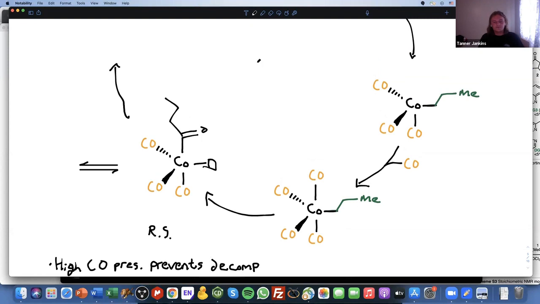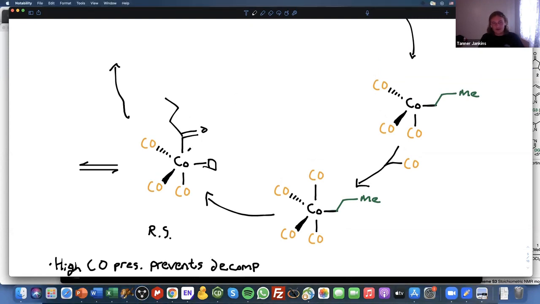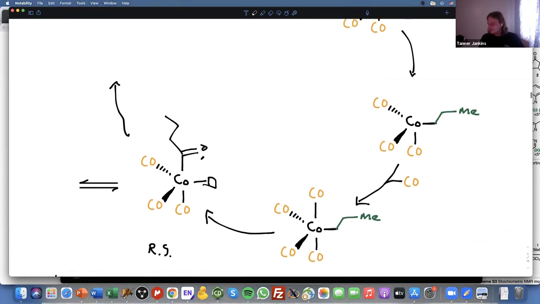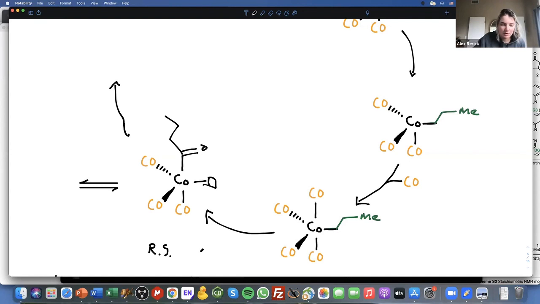And so now we have, I guess, three other things that can happen in this cycle. With the open coordination site, what do you think is going to happen in the on-cycle case? I guess at some point you need a hydride, right?